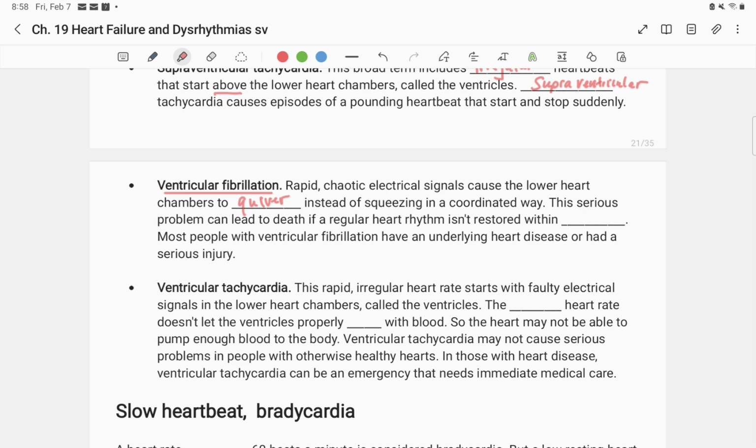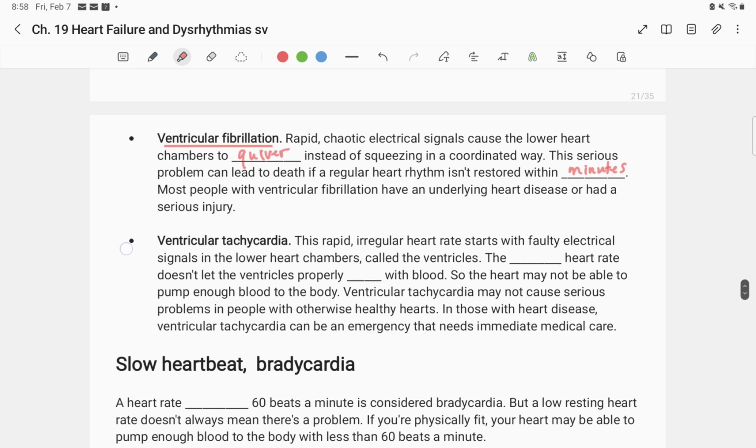This is a serious problem that can lead to death if a regular heart rhythm isn't restored within minutes. Most people with ventricular fibrillation have an underlying heart disease or a serious injury.